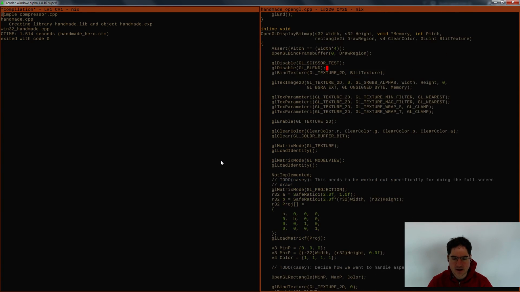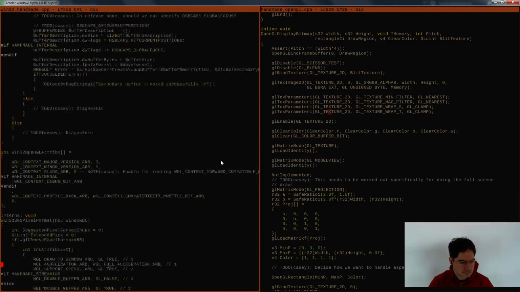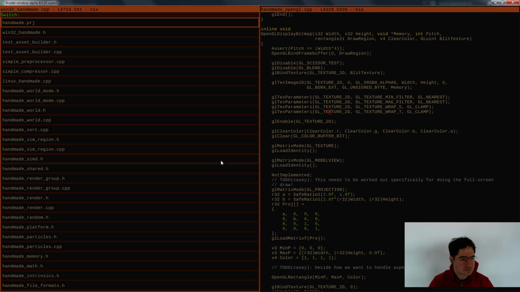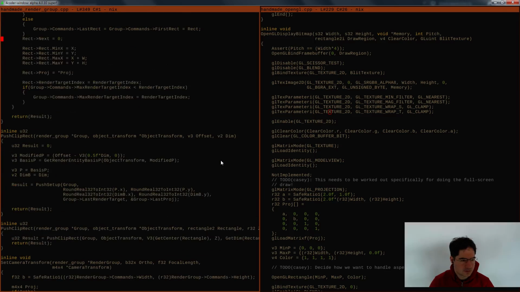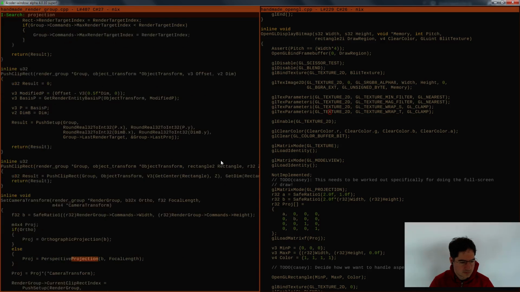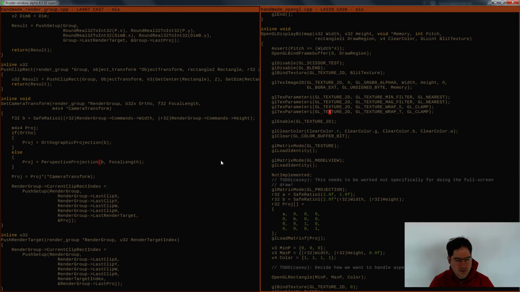All right, so let's see. Where is our projection matrix? Here we go. So here's what we're calling our perspective projection.